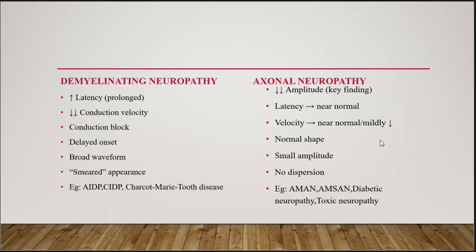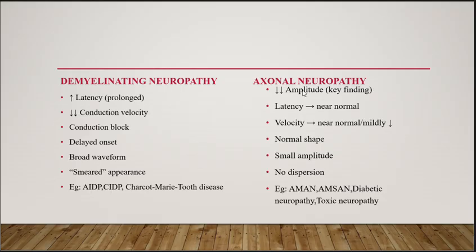So whenever we are seeing a demyelinating or axonal neuropathy picture, in demyelinating we usually see prolonged latency, decreased conduction velocity, conduction blocks and delayed onset. Demyelinating diseases like AIDP, CIDP, and Charcot-Marie-Tooth disease usually have a good outcome among the variants of GBS.